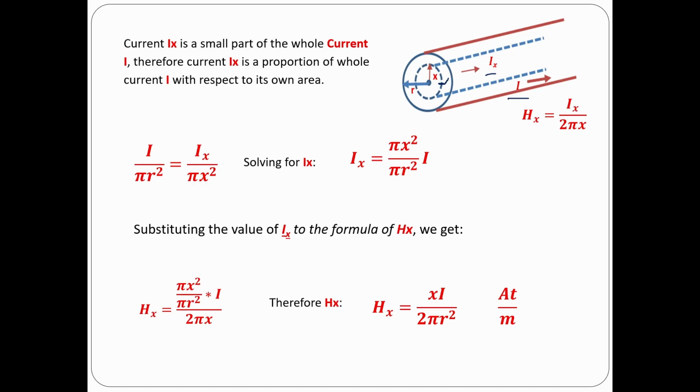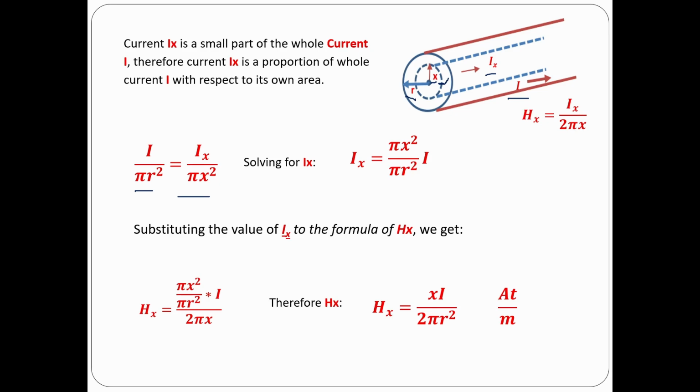We can say that the whole current I is proportional to the area of the whole conductor with radius r, while the small current Ix is proportional to the small part of the conductor with radius x. Mathematically, I over pi r squared is equal to Ix over pi x squared. Solving for Ix, it is equal to pi x squared over pi r squared times I.